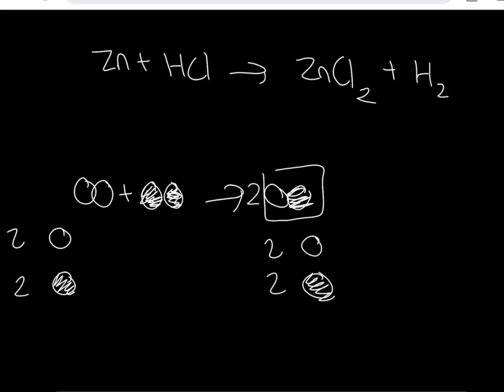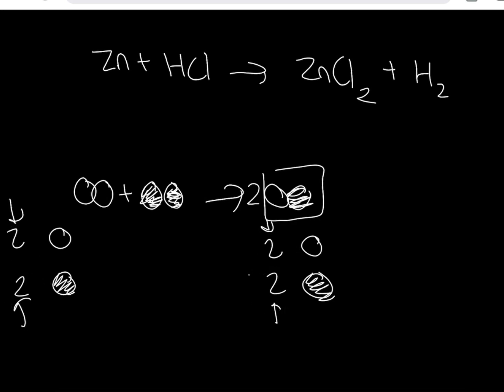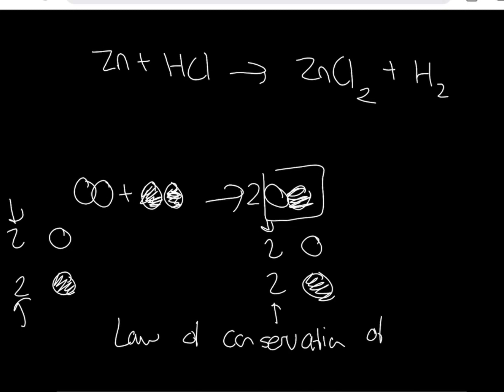So the type of atom on each side of the reaction has to be the same, and the amount of the atom has to be the same. I will just repeat that again. The type of atoms has to be the same, and the amount of atoms has to be the same. And this is called the law of conservation of mass.